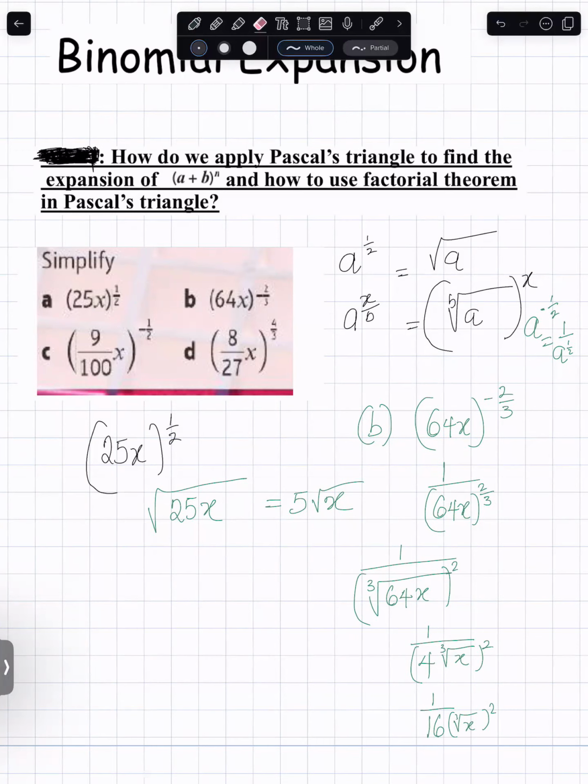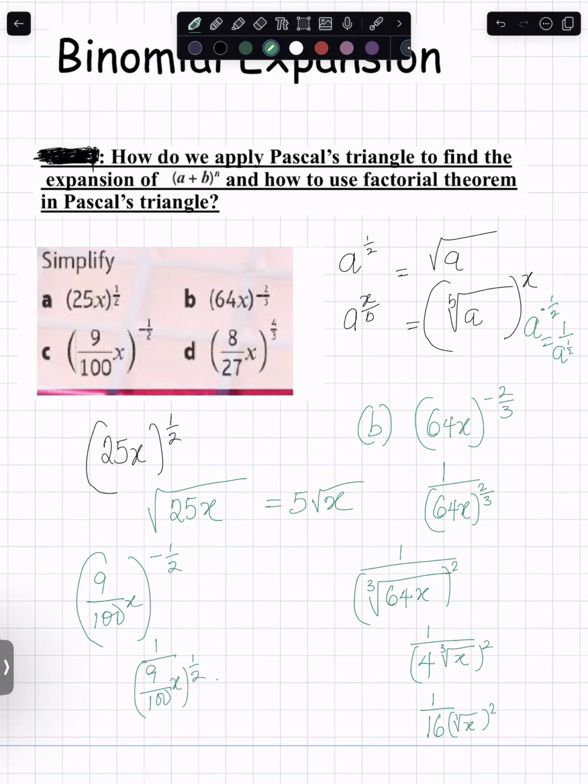Then we have for the third one, part c, which says (9 divided by 100x) raised to the power of -half. This gives us the inverse function, 1 over (9/100x) raised to half.